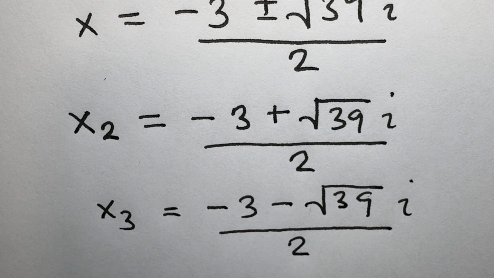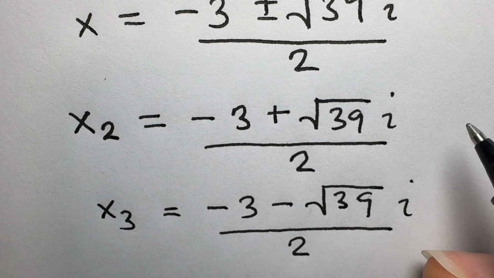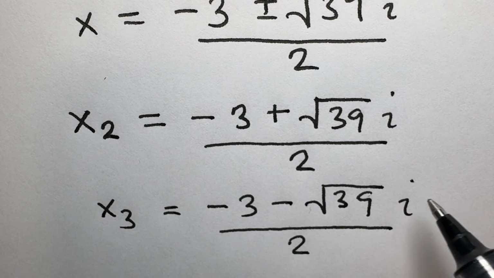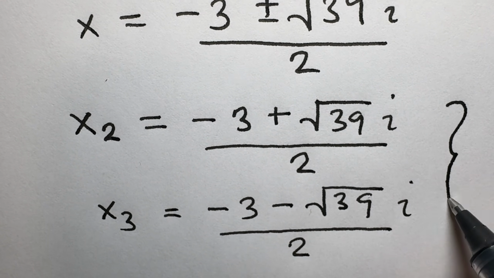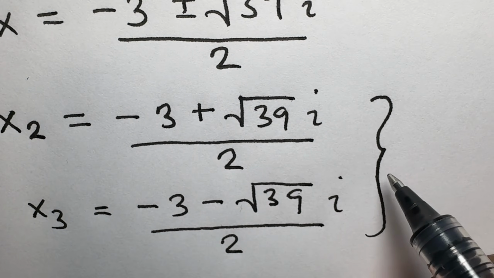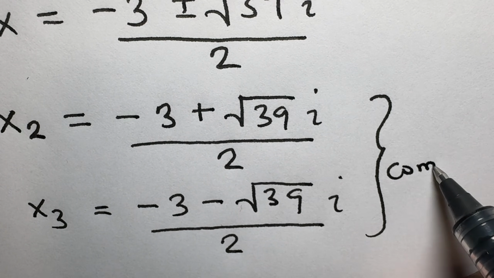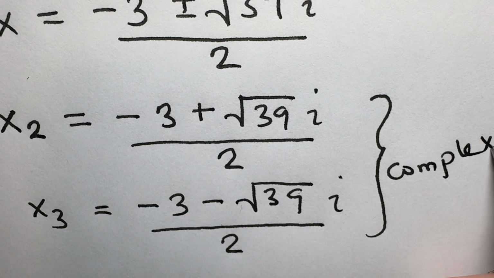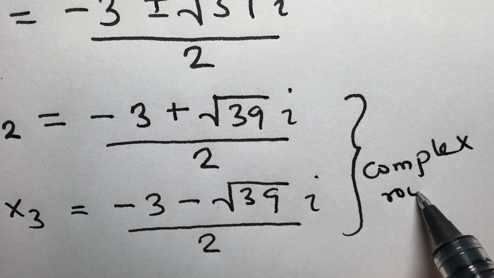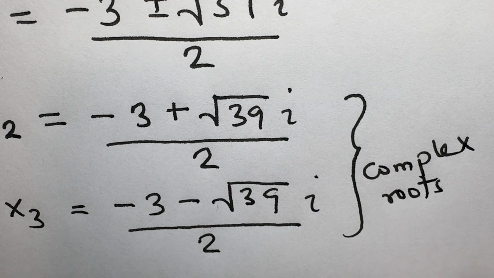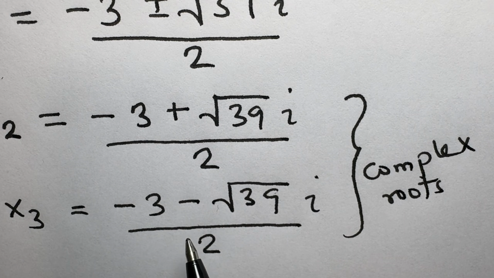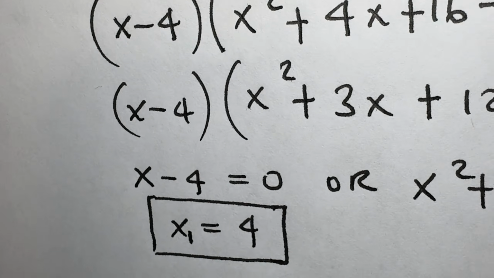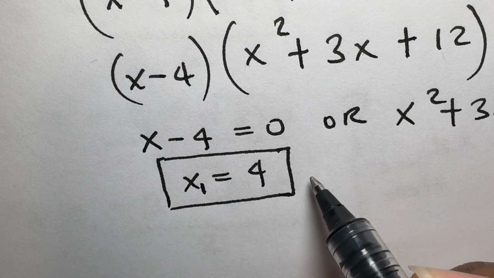So those are the three values from this problem. And you notice that because of this i, the last two values are complex or imaginary roots or solutions. So we only have one real root. While these are also roots of the solution of the equation, we only have one real root, which is x is equal to 4.